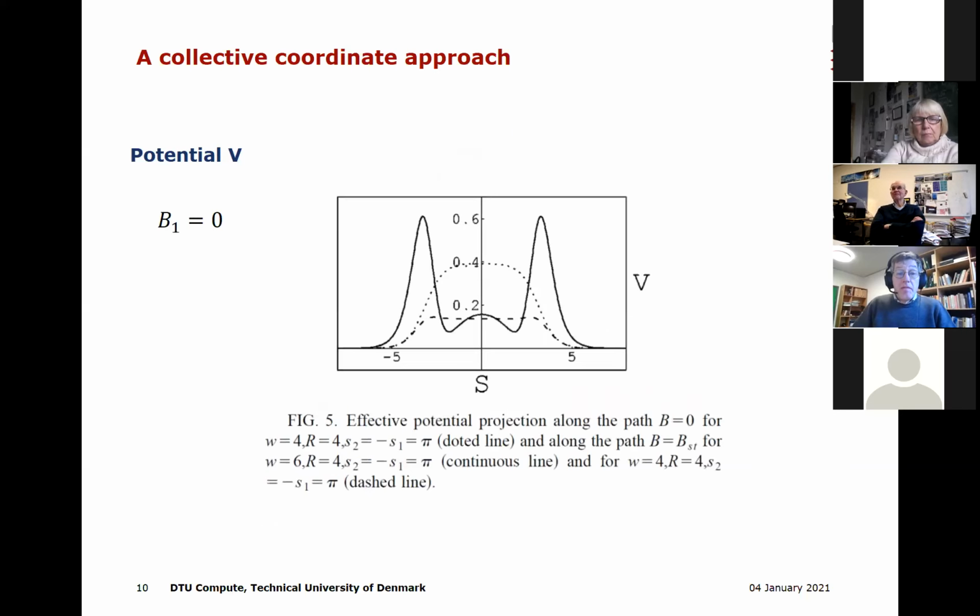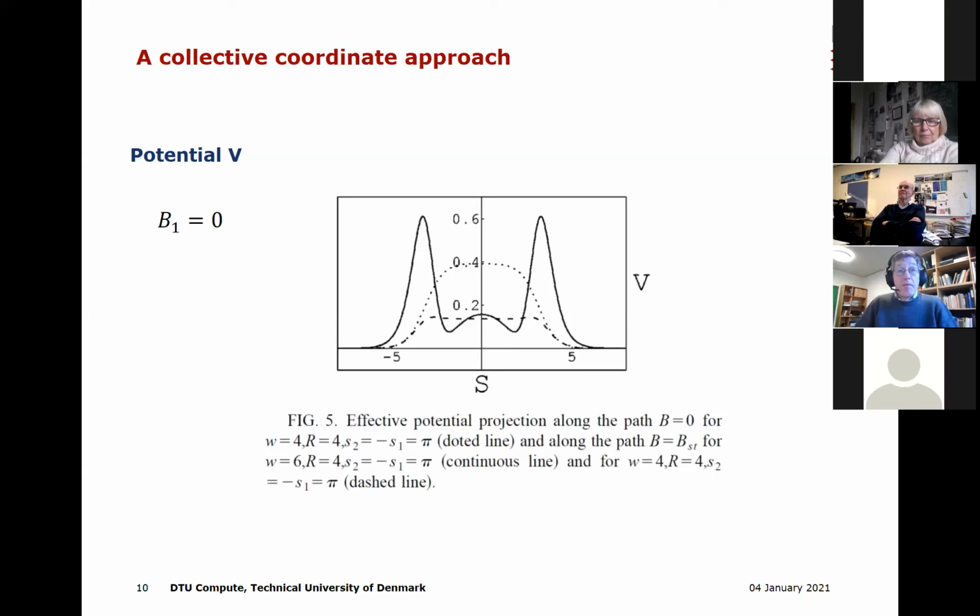Here's a cross-sectional picture of the potential for B1 equals 0, and for some parameter values, depending on the radius of curvature and the width of the junction, you could get simple barriers, but also on certain parts, more complicated barriers where you have a trapping region in the middle.